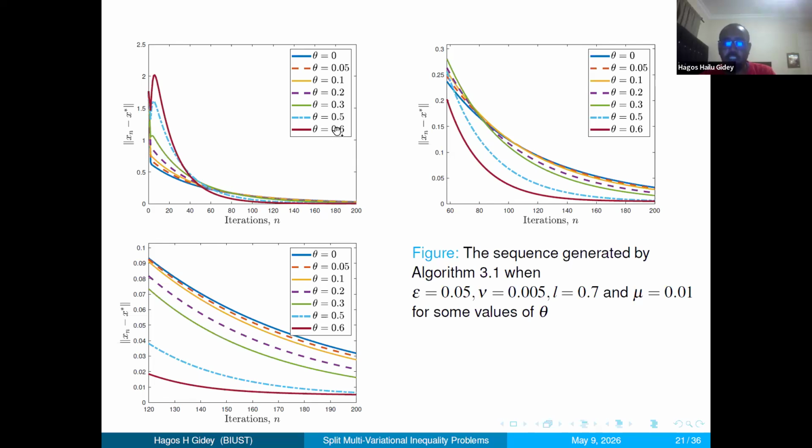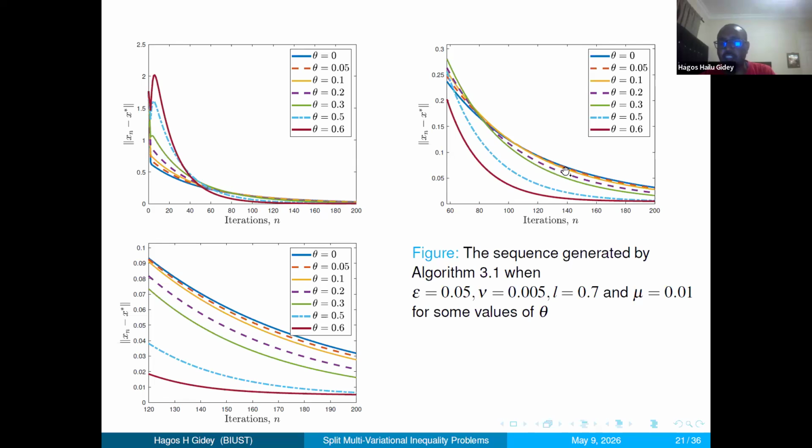Theta 0.6 means with larger inertia. As you see, when you increase the value of theta, the solution converges to the solution set. All of them converge, but you can see as theta increases, it converges faster.